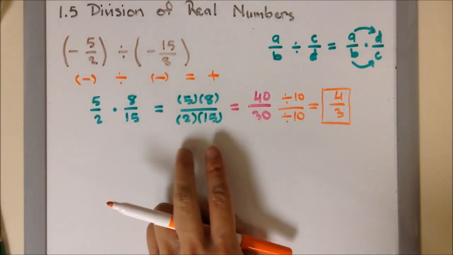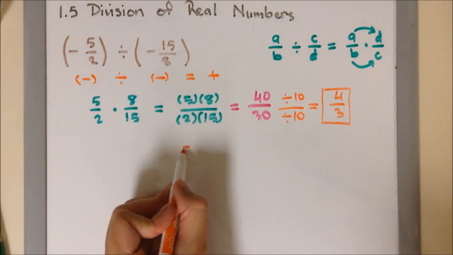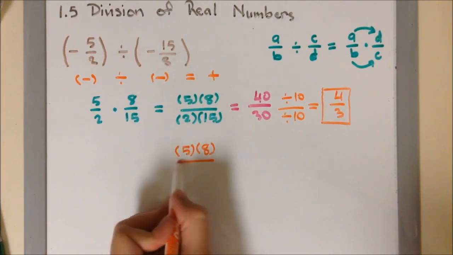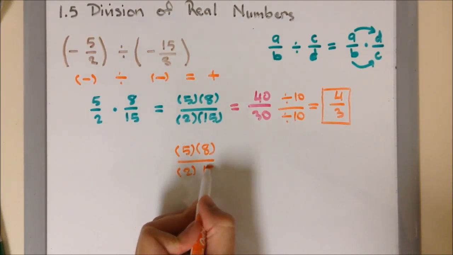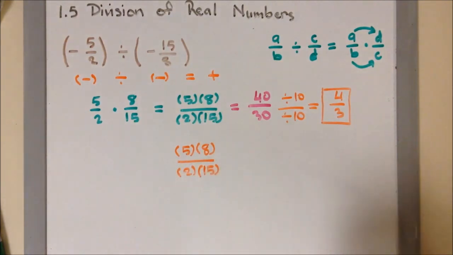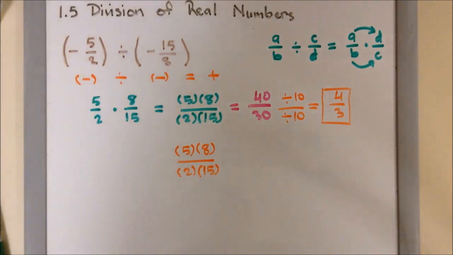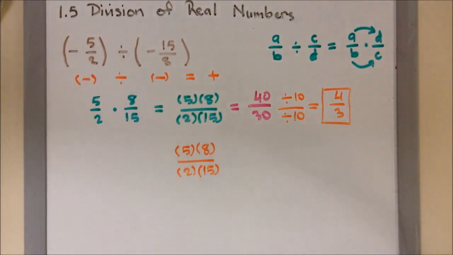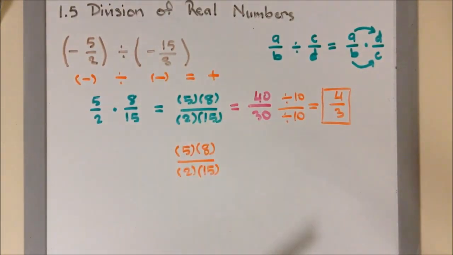Now, an easier method is I'm going to rewrite this here. Alright. So if you don't like working with big numbers, which is understandable, what I do is I want to make anything in here become a smaller number.